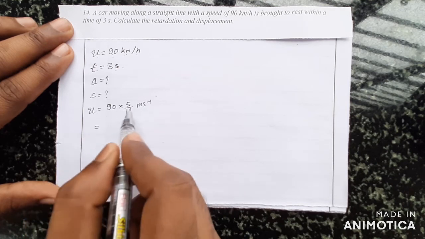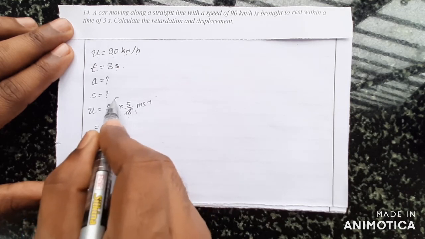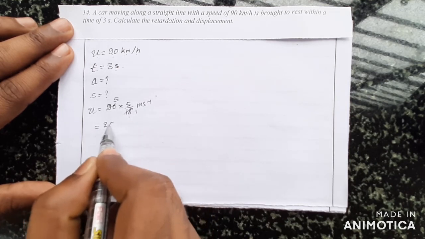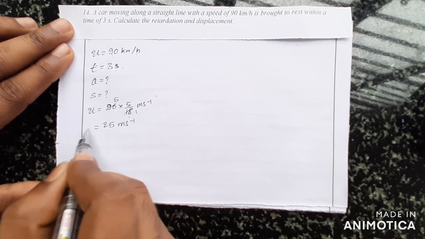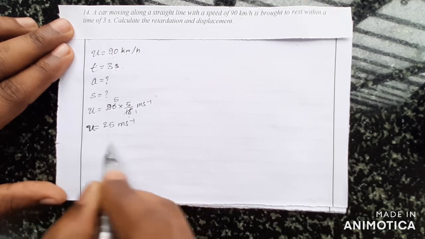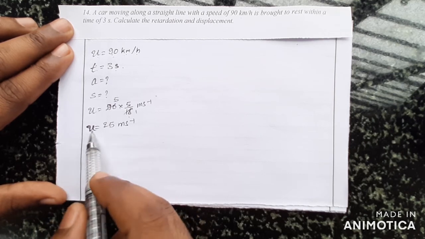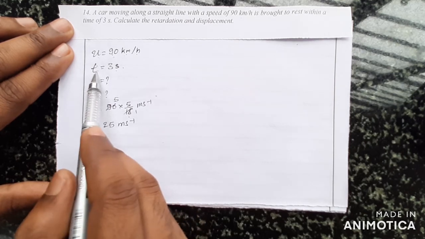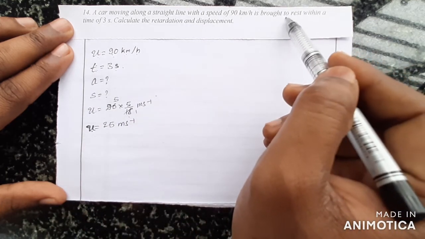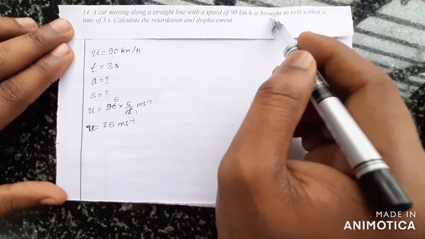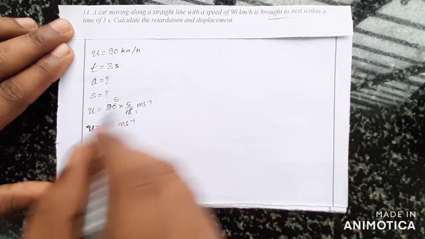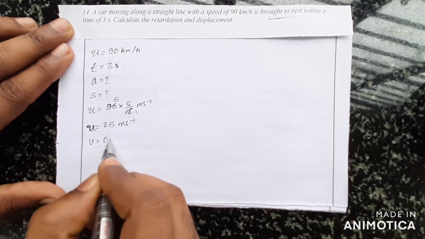So 18 ones are 18, 5 fives are 25 meter per second. So this is the initial velocity in meter per second. Now I have u and t, and one more factor is given. It is brought to rest, which means final velocity is 0 meter per second.